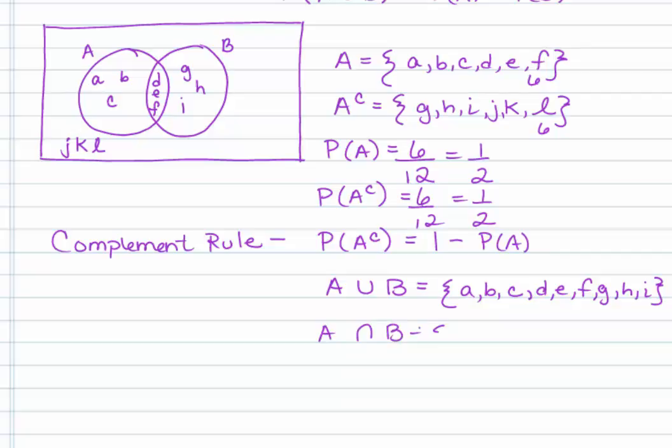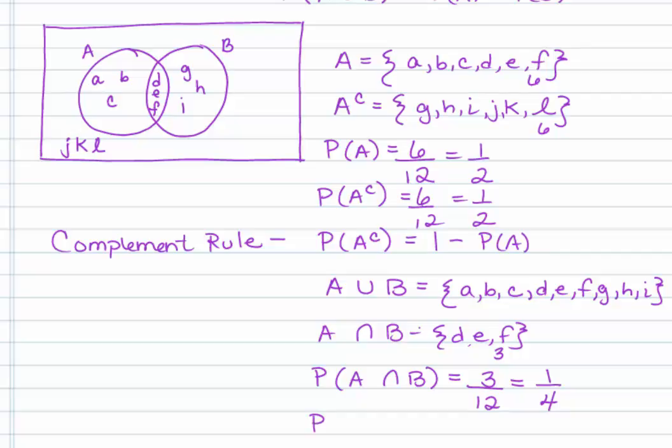Where they intersect is just solely D, E, and F. And let's start looking at the probability of A and B. A and B, there are 3 choices. So there are 3 positive choices out of 12 letters, or 1/4, or 0.25, or 25%. Any of those are fine.